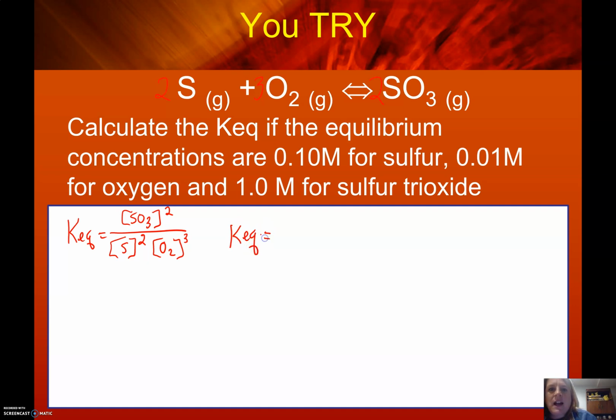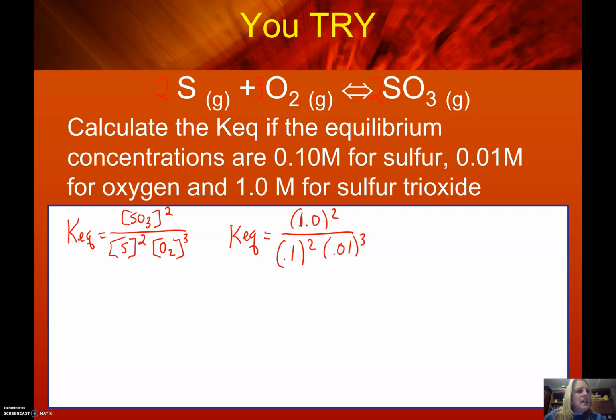So that's kind of like our X. For SO3, it's down on the bottom. So that's 1.0 squared. Our S, sulfur, is 0.1 squared. And then our oxygen is 0.01 cubed.